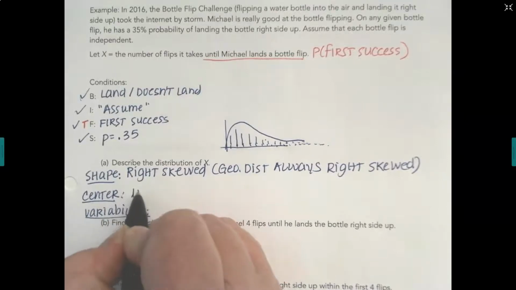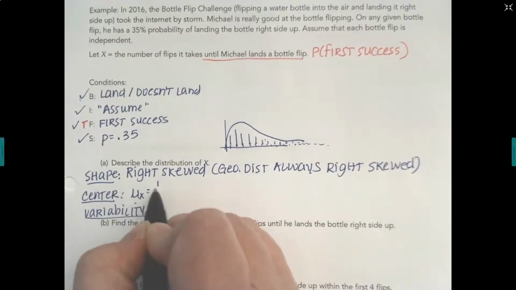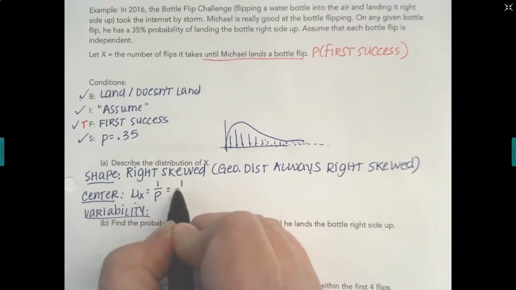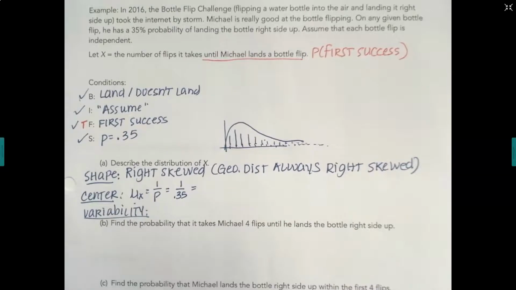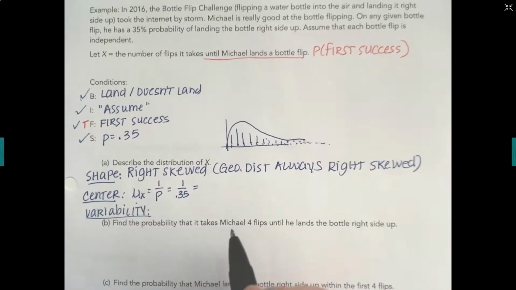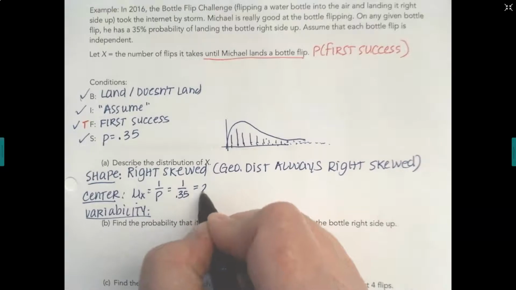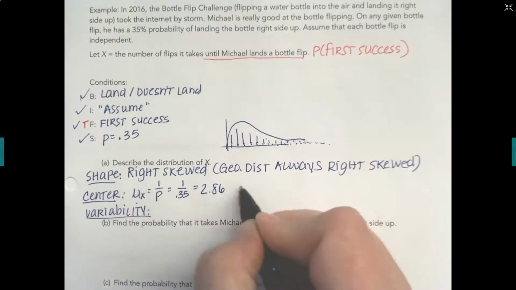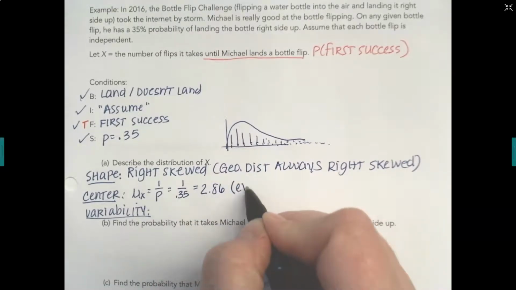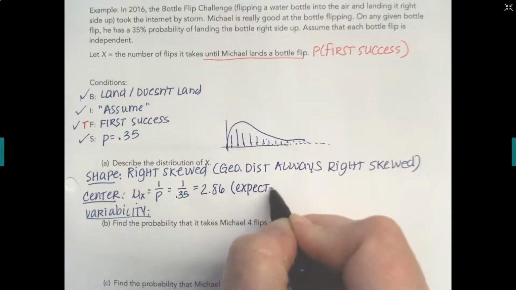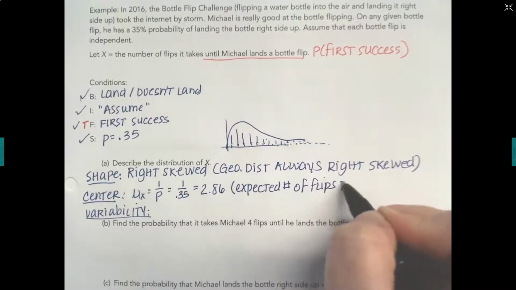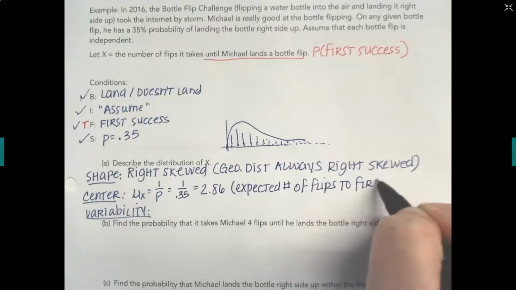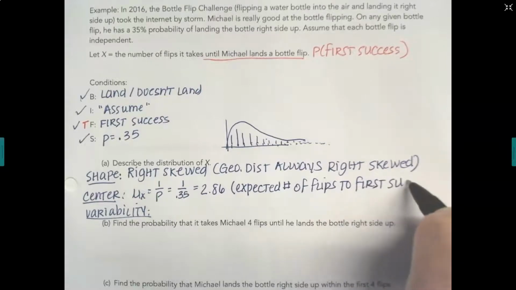So to find the mean of my random variable x, it's 1 divided by p, which is 1 divided by 0.35, which when I calculate that out gives me 2.86. Now 2.86 is the expected number of flips to first success. So that's that expected value.